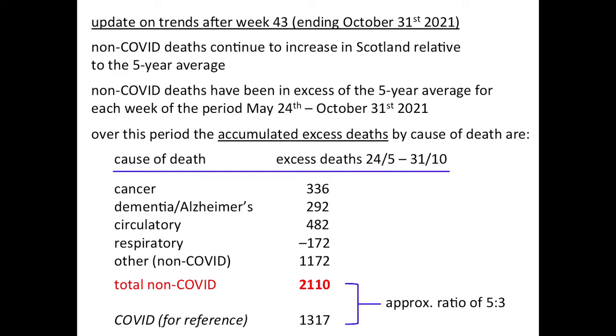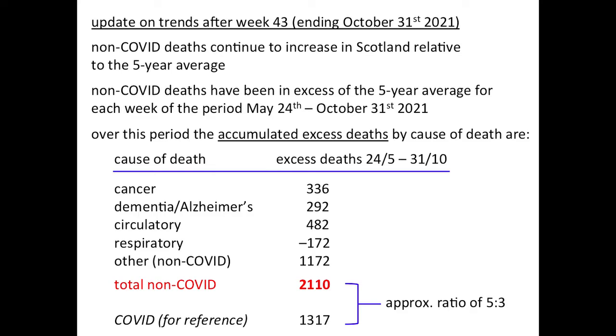So remember, this is very important, there are far more deaths than this number occurring in Scotland over this period. What we're looking at is the difference compared to the 5-year average. And so this number 2,110 is the positive excess in deaths in this period from non-COVID causes compared to the 5-year average.